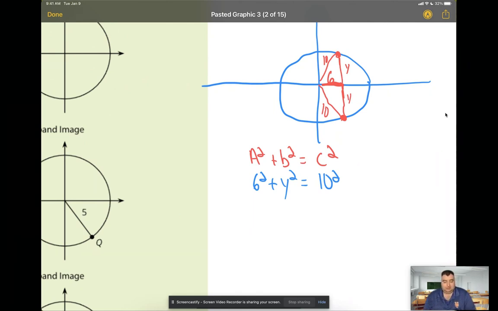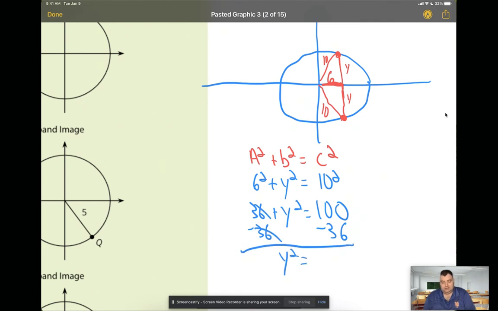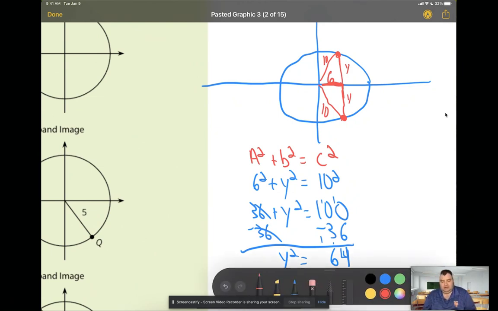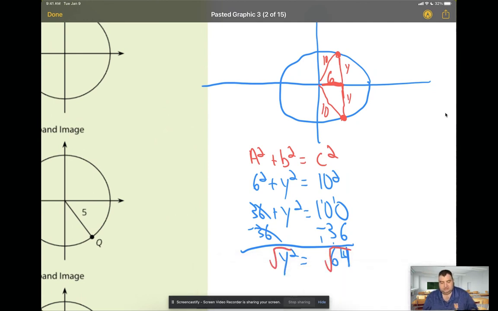So this becomes 36 plus y squared equals 100. So I'll now go ahead and subtract 36 from both sides. And I end up with y squared equals 64. So to figure out the y value, I'm going to take the square root of both sides.